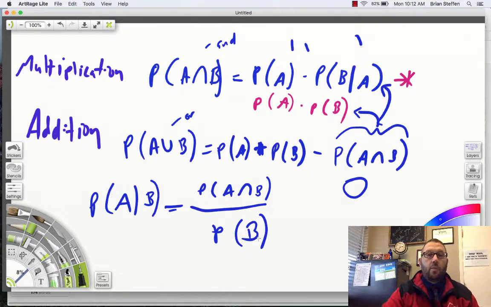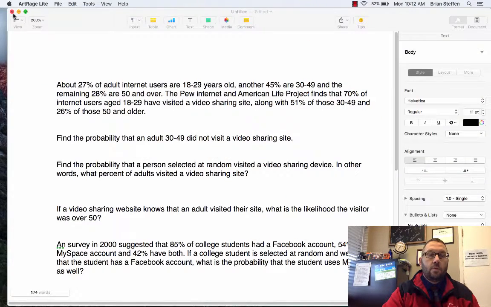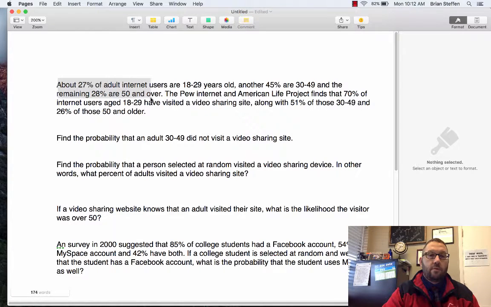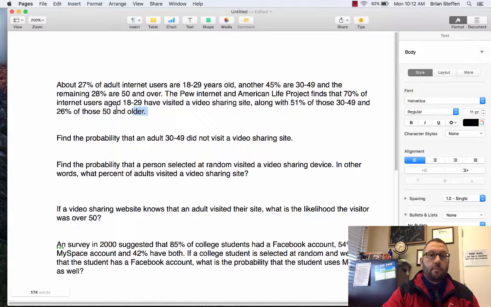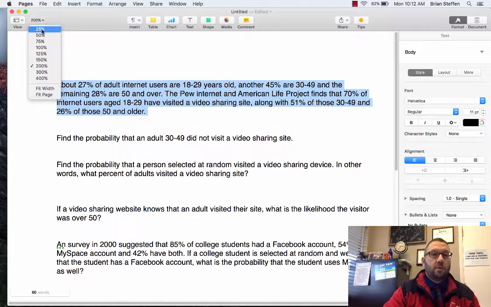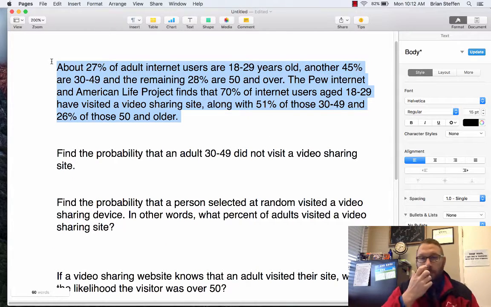So let's take a look at what that would actually look like in a problem. When we look at this information, it says about 27% of adult internet users are 18 to 29 years old.